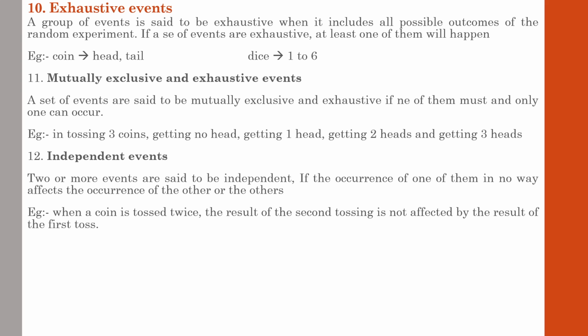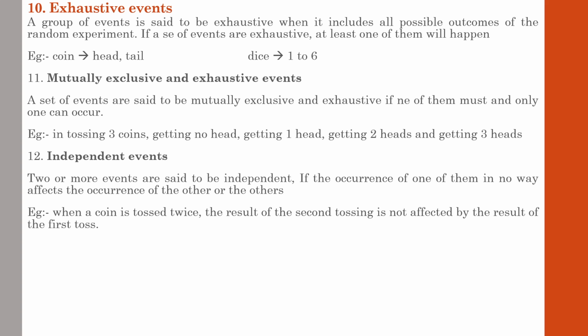Independent event means, we all know that every random experiment will have one outcome or more than one outcomes. Let those outcomes be events. When the happening of one event has no effect on the happening of the other, such situations are known as independent events.